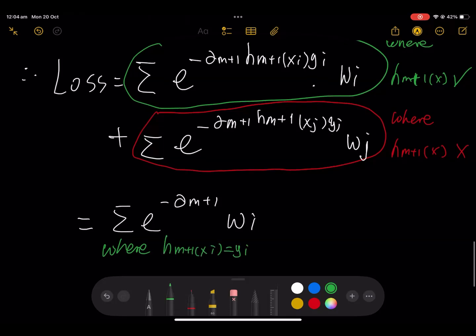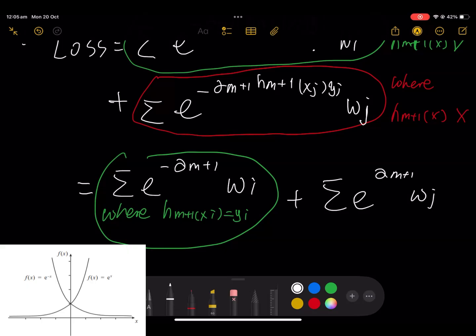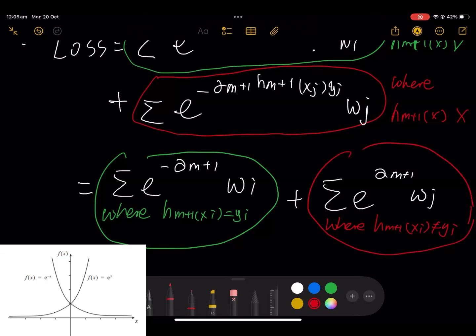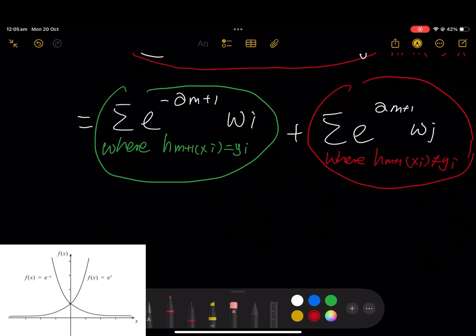Here, since we're using a decision stump, we know that the result is either 1 or minus 1: 1 for yes, minus 1 for no. So here we can simplify the expression. The h_{M+1}(x_i) times y_i either equals 1 or minus 1, right? Where the model correctly classifies the data point, the value of e to the power of minus alpha will be a small number.